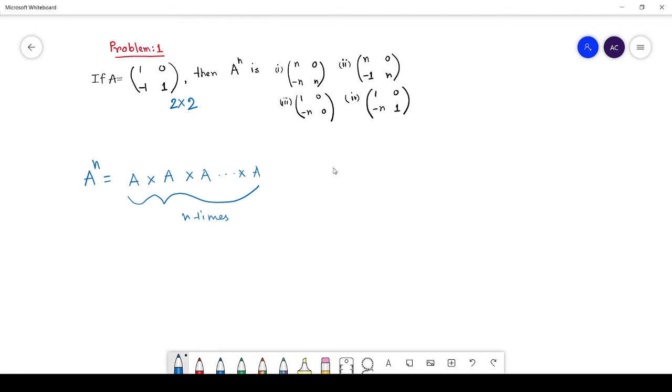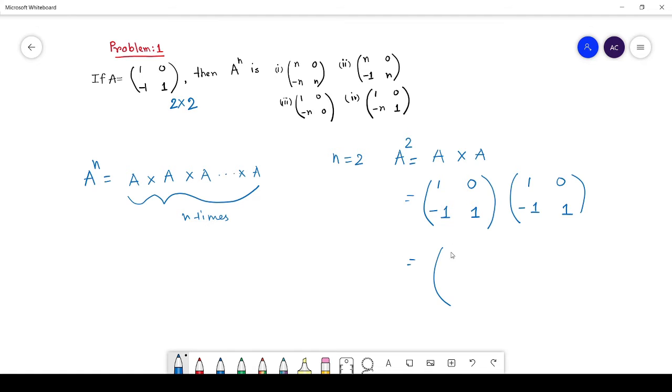Now first let's calculate for n equals 2. Let's calculate A square, which according to our notation is A into A. If we calculate A into A, that is [1 0; -1 1] times [1 0; -1 1], then it would be 1, then 1 into 0 is 0, 0 into 0 is 0, then minus 1 into 1 is minus 1, then this one into this one, another minus 1 would be there, and 0 times 1.